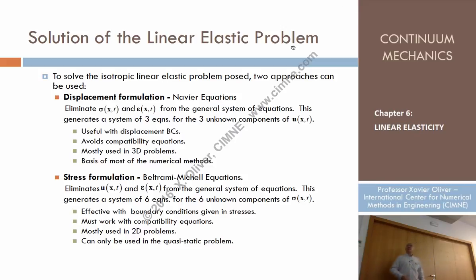So there are two ways of solving the problem, and they differ on what they consider the primary unknown. There is the displacement formulation, in which the main unknown, that's what you have to keep in mind, are the displacements.